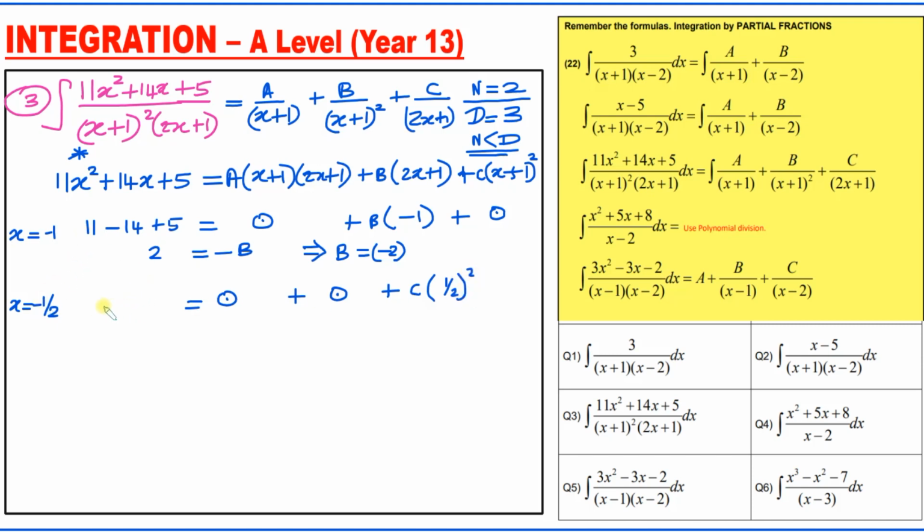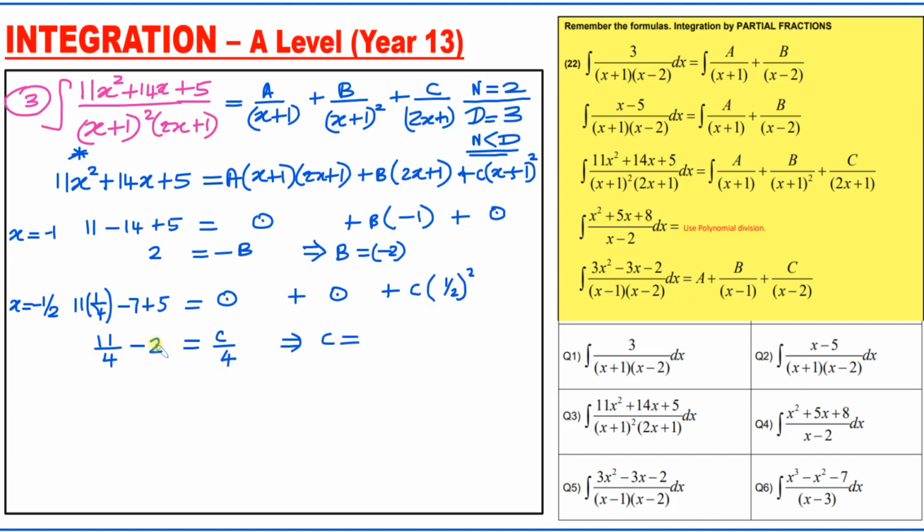You can use the calculator. I'm trying to do it mentally. 11 times minus half squared is 11 over 4, and minus half gives minus 7 plus 5. So this is going to be 11 over 4 minus 2, and this is going to be c over 4, and simplifying that gives the c.